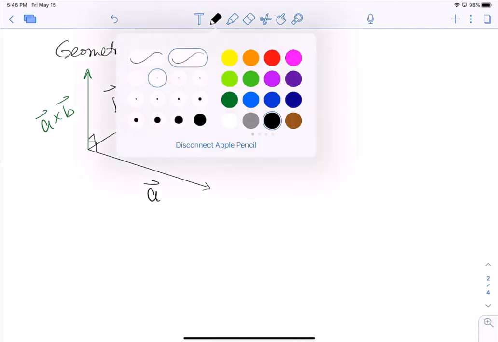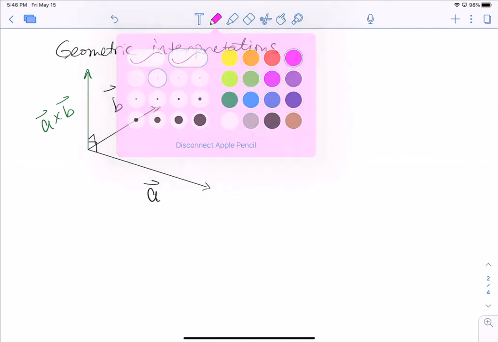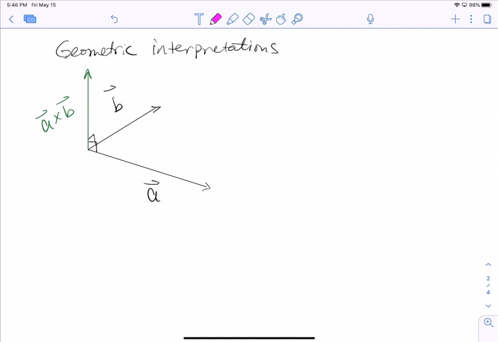Now there are actually two vectors that will meet both A and B at a right angle, and the other one is just as long as A cross B. It points in the opposite direction, and it would actually be B cross A, the negative of A cross B.